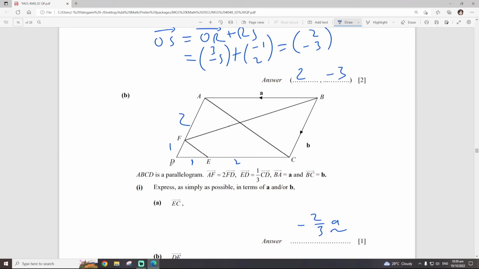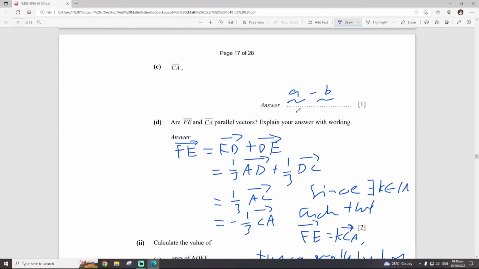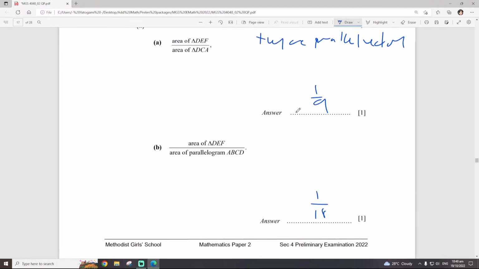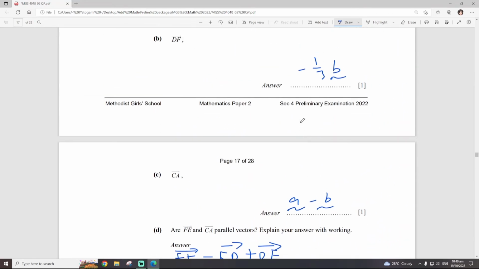Now you will see that the DCA is actually just half of the ABCD, so it will be 1/18. All 1 mark questions, so I don't want to do too much explanation. If you're not sure about how I got these, just leave it in the comments.